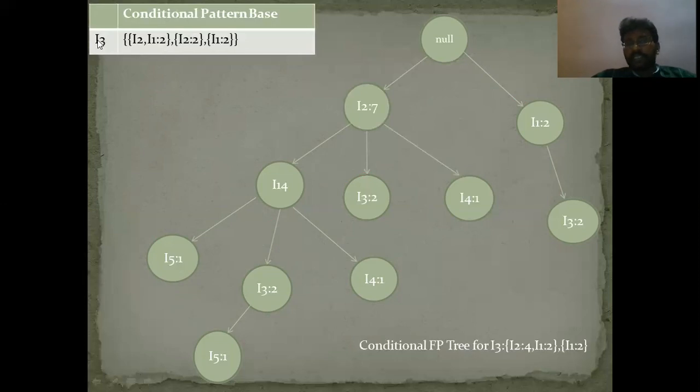Next the conditional pattern base is for I3. The I3 pattern base is I2, I1 as the first one, I2 as the second one, and I1 as the third one.